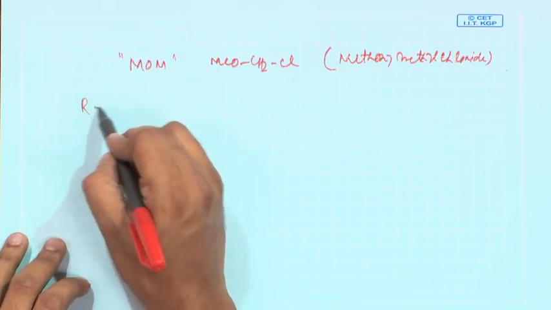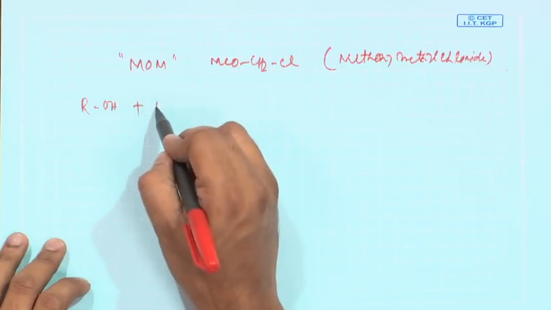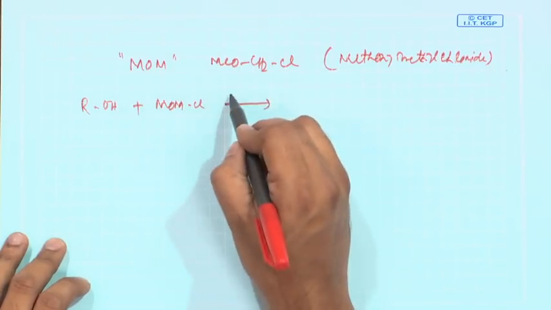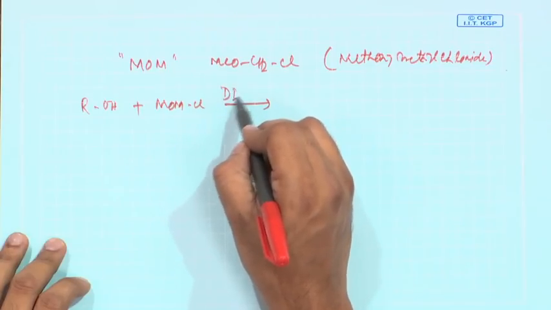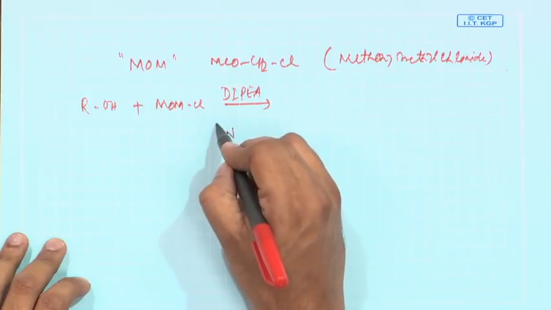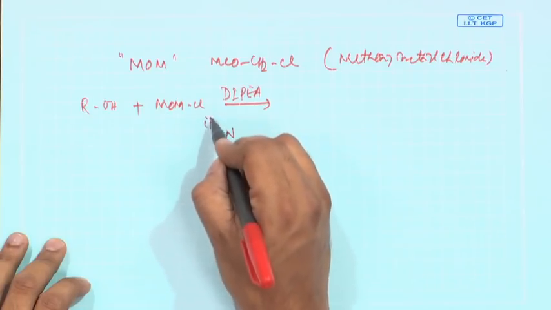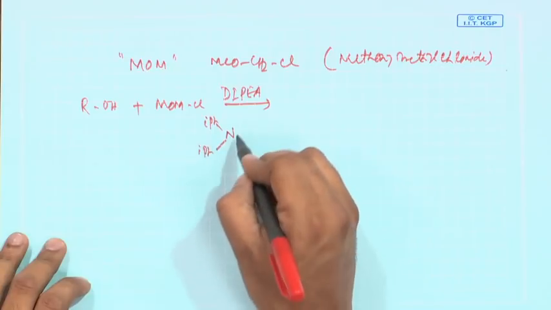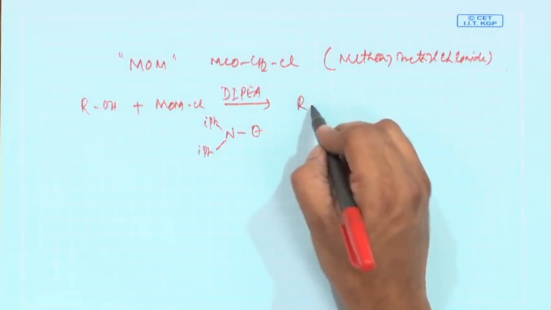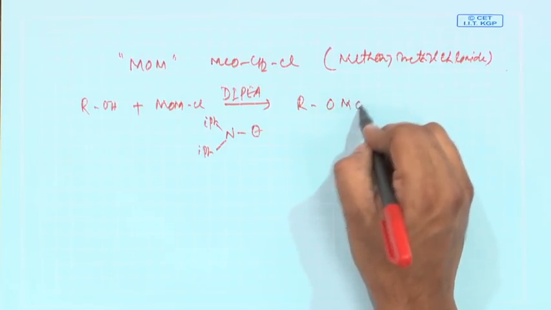You take the corresponding alcohol and react it with this MOM chloride with a base. The normally preferred base is DIPEA, which is this structure, diisopropylethylamine, or Hünig's base. Now you get the corresponding MOM ether.